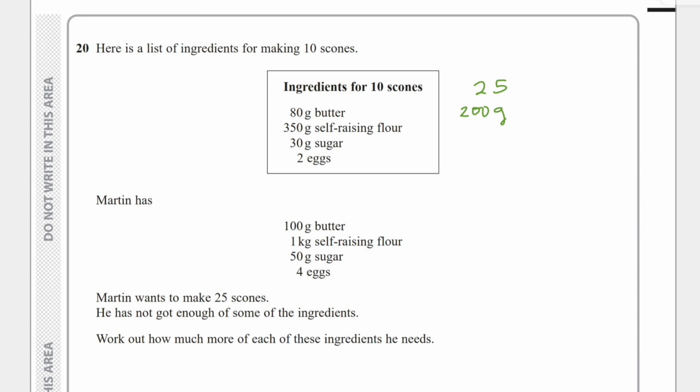For self-raising flour, he's going to need 350 times 2.5, that is 875 grams. 30 times 2.5 is going to need 75 grams of sugar.